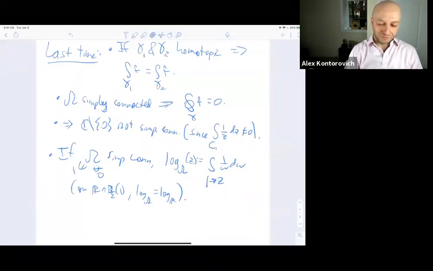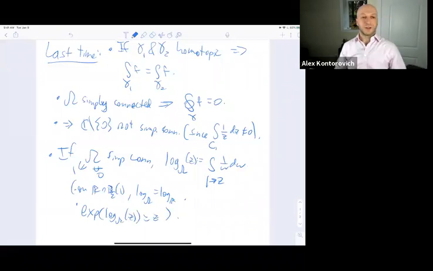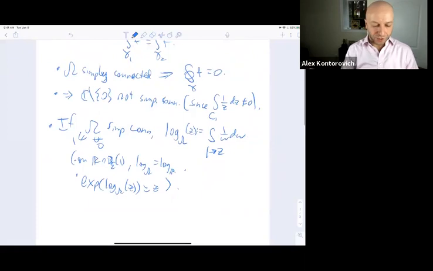That's one thing. And another thing is that if you take e to the log omega of z, you get z back. So it's the inverse to the exponential function. We talked about the principal branch of logarithm, right? That's where we stopped.